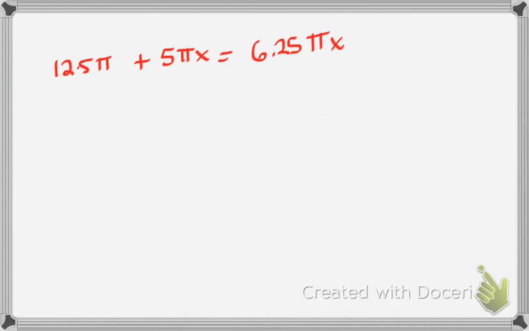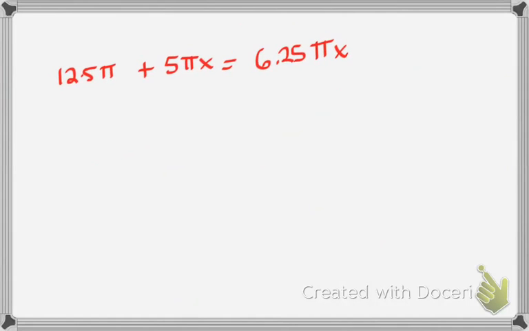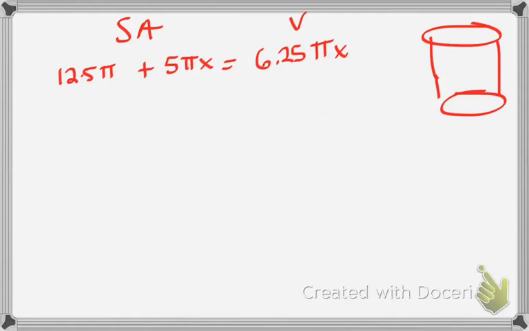We said that this portion was surface area and this is volume. And I'm going to remind you, we had something that looked like this. This is x. And we found out that x is really 10. This is 2 and 5/10.